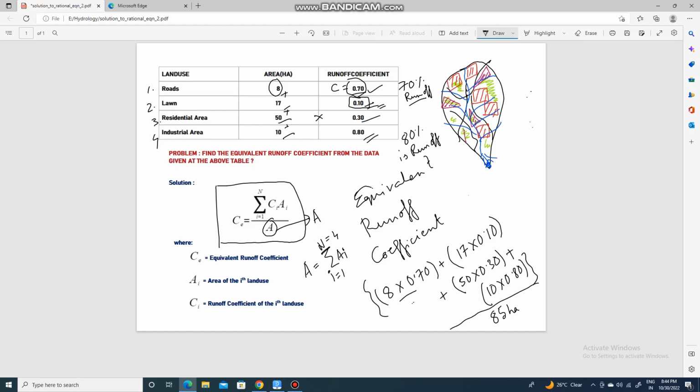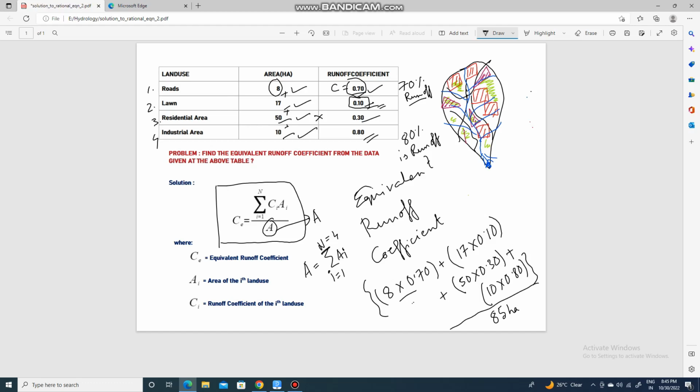You will find the summation and divide it by 85 hectares. 85 hectares is the total area, as I have shown you: 8 plus 17 plus 50 plus 10.